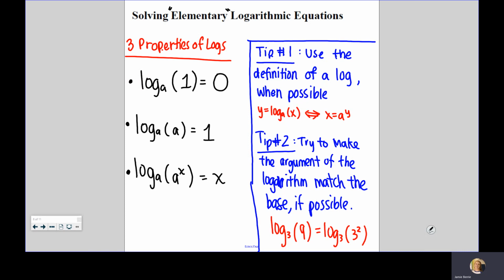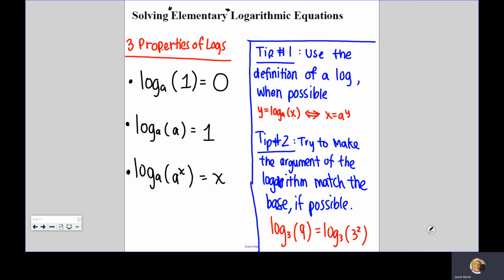That's why your book suggests trying to make your argument match your base, so that it'll cancel out. That tip is used less often than the first one I told you.